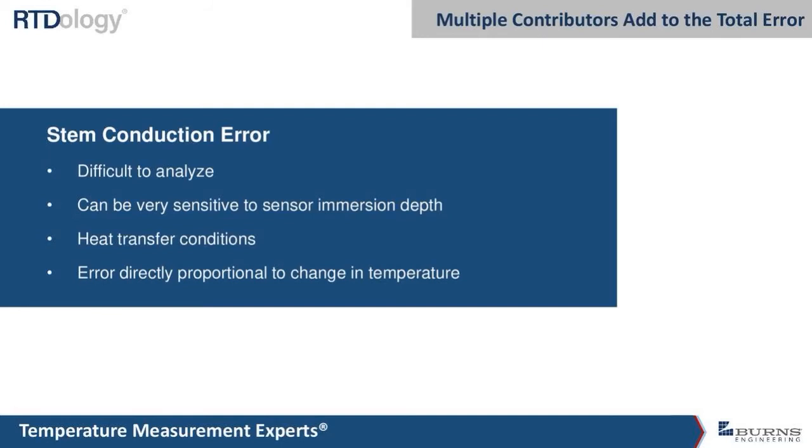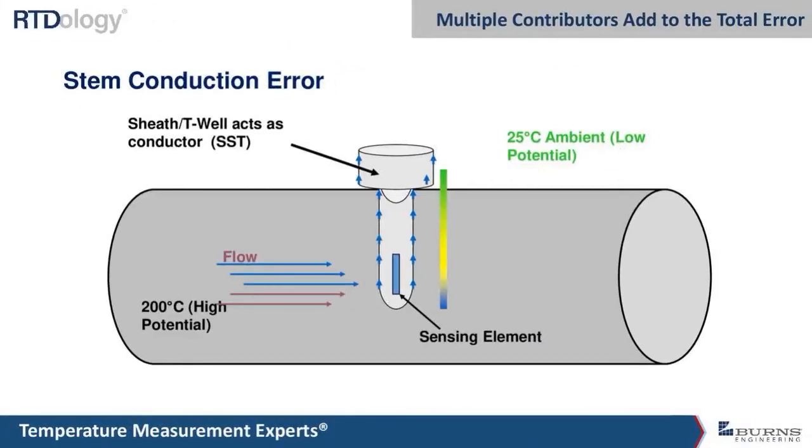Fortunately, there are some things that we can do to help avoid that or to minimize it. One of the best ones is to deal with the immersion length of the sensor or sensor thermal well assembly. What we have as an example here is product flowing through a pipeline, we've got our sensor installed, and we have the ambient conditions at 25 C and a couple hundred degrees C process temperature.